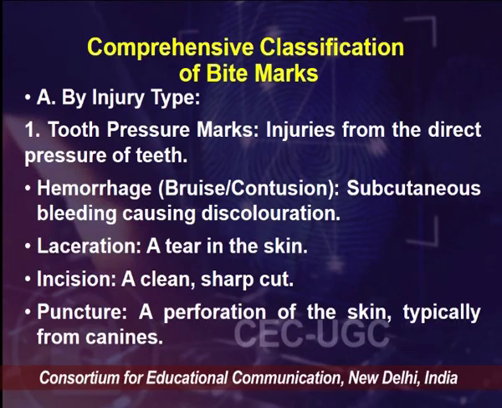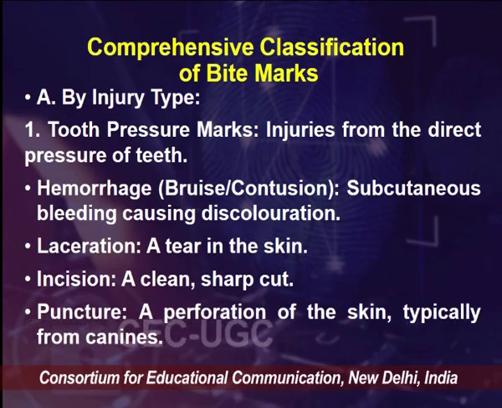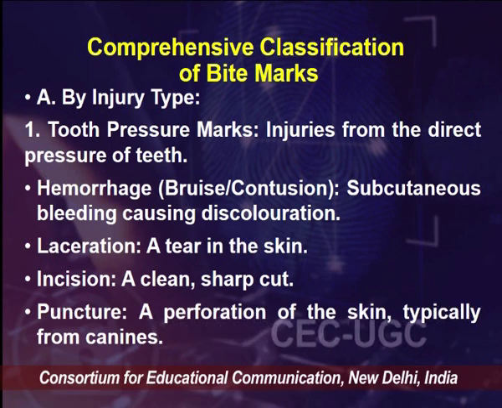So, when we classify the bite marks by the injury type, we say the tooth pressure marks, which are directly from the pressure of teeth. There could be four things: hemorrhage, which we can call a bruise or contusion, which is subcutaneous bleeding causing discoloration. We could have a laceration, which means there is a tear in the skin.